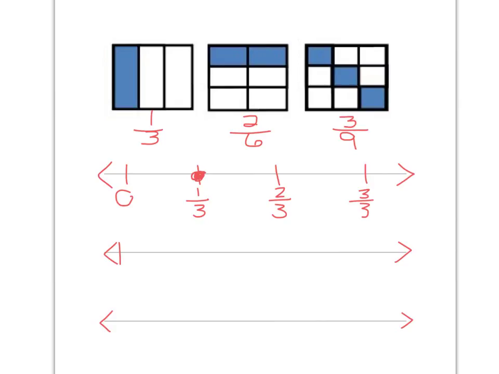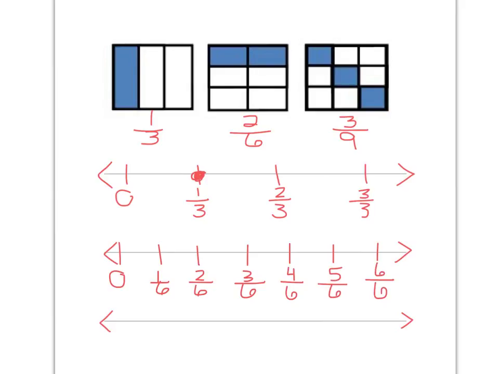So 0, 1, 2, 3, 4, 5, 6. 1/6, 2/6, 3/6, 4/6, 5/6, and 1 whole is 6/6. Here's where 2/6 goes. Right there.